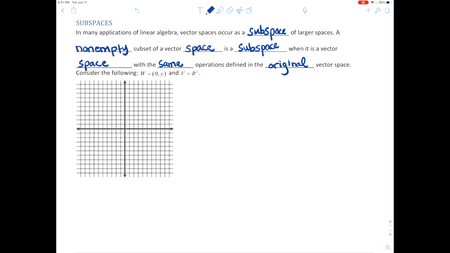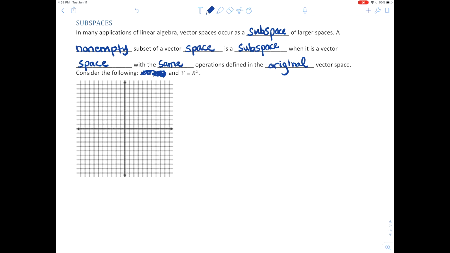Consider the following. The set W is equal to, actually, I don't like how I have that written. That's not written correctly. So when we use capital letters, like V and W, that is usually used to denote a vector space, okay?